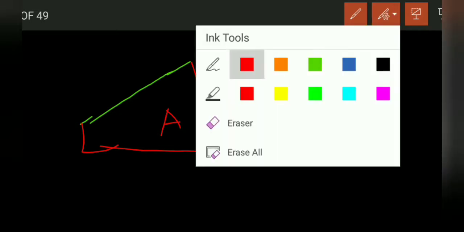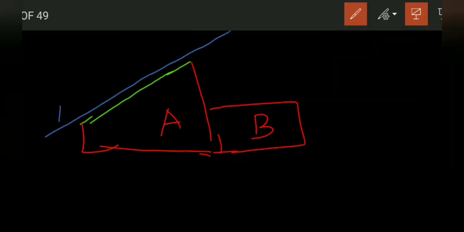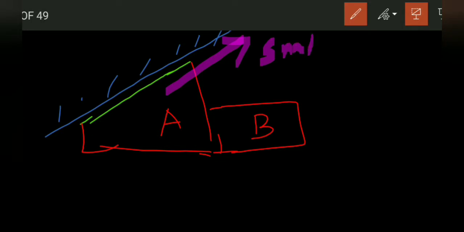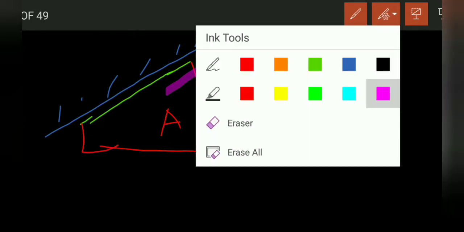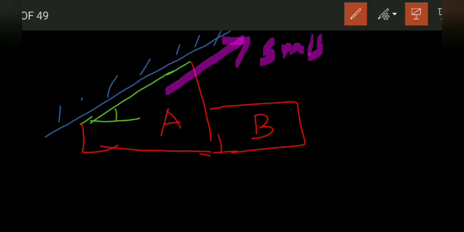Now I will put it on a plane here somewhere like this. This portion of this block is moving with a velocity 5 meter per second in this direction, and this velocity is making an angle theta with respect to the horizontal.